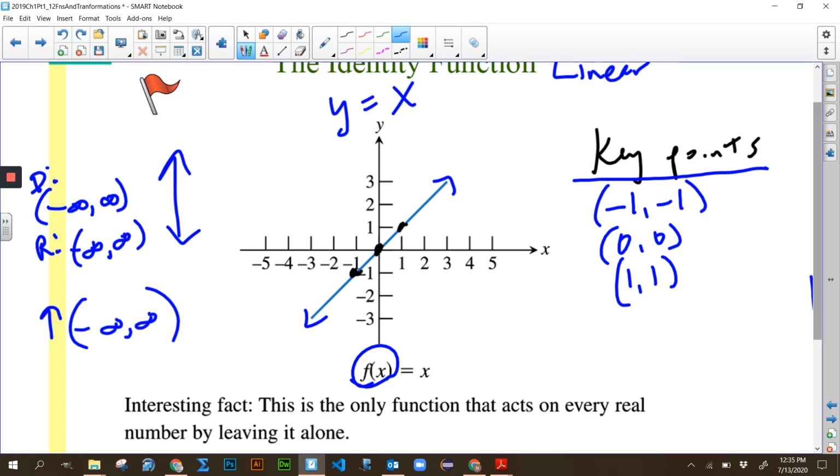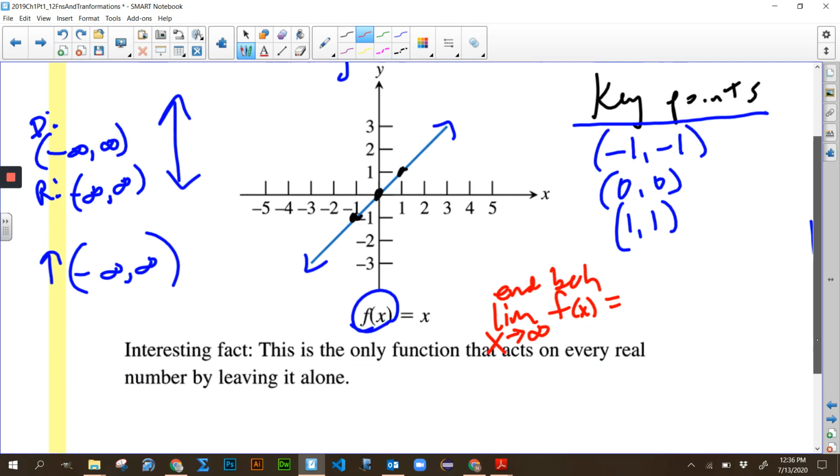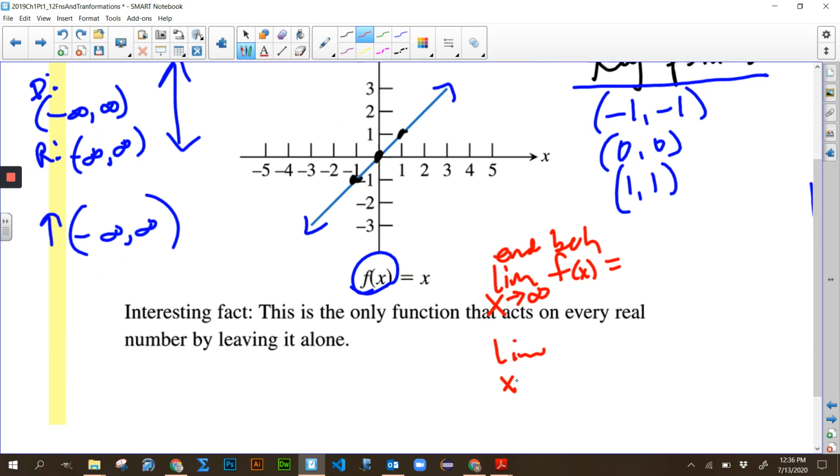And end behavior. That's the one we'll look at a little more thoroughly. For the end behavior, we have the limit as x approaches infinity of f of x, and then we also have the limit as x approaches negative infinity of f of x.